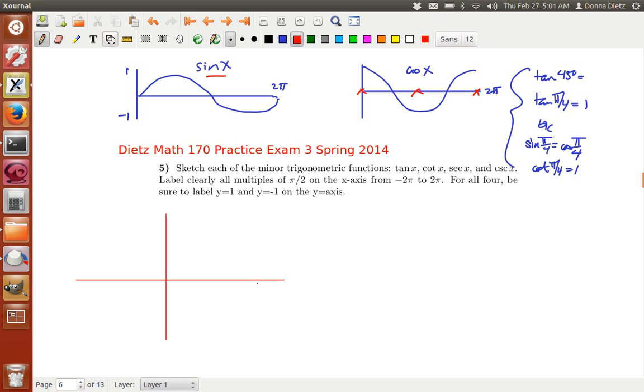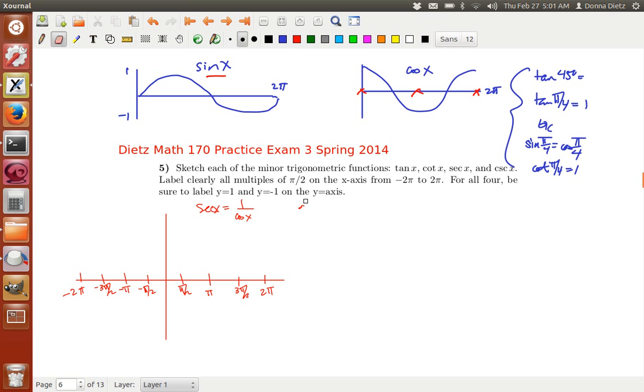Alright, so again, pi over 2. So let's break this up. The first one I'm going to do is secant of x, which is 1 over cosine of x.